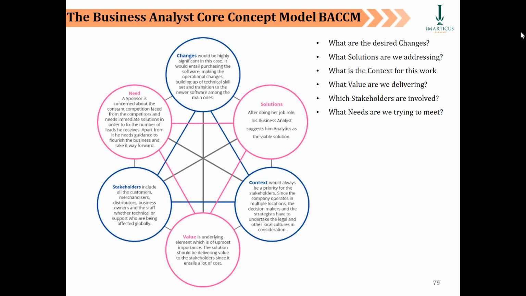Let's understand a little bit more on it. Changes could be significant. It would, for example, entail purchasing a software, making any operational change, building up a technical skill, transition to a new software. All these are the highlights of any change. So what's the point here? In the CCM model, changes are very important.